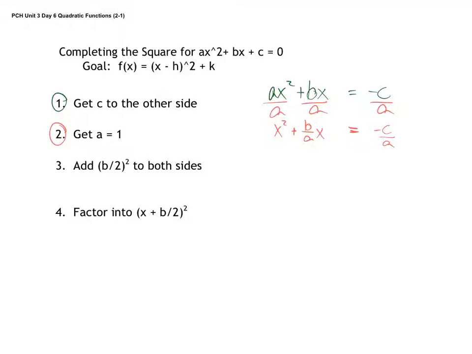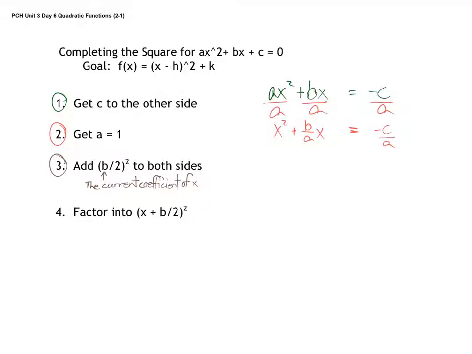All right, now here's the critical step, but it's one that you've got to memorize. The b that we're talking about here is whatever the current coefficient of x is.